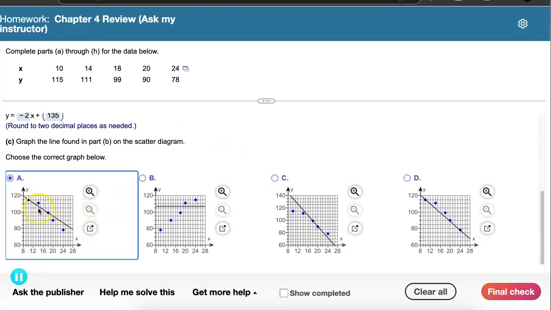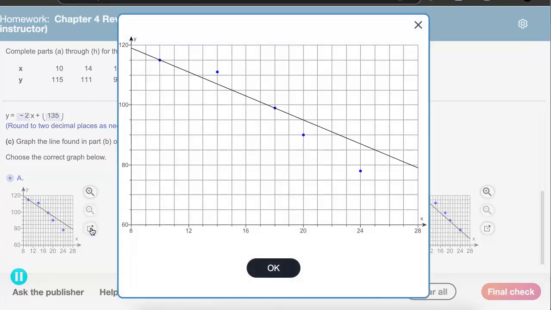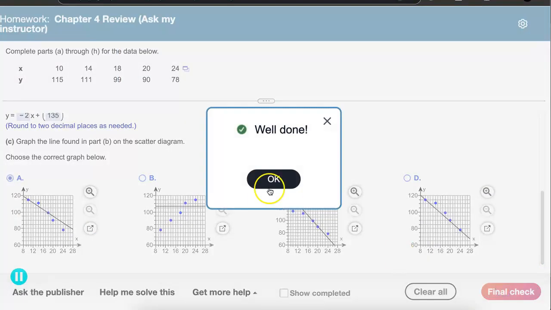And the best graph I see here is this one in part A. If I just really want to analyze it a little bit further, I can use this pop-out window just to get a better view of that graph, so I'm sure about what I'm selecting.